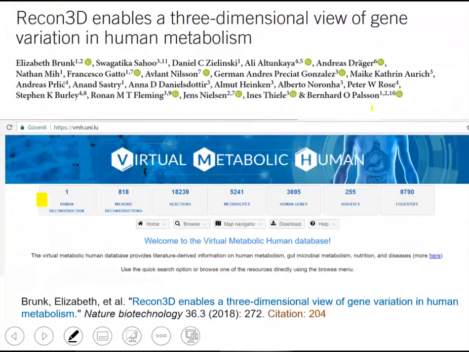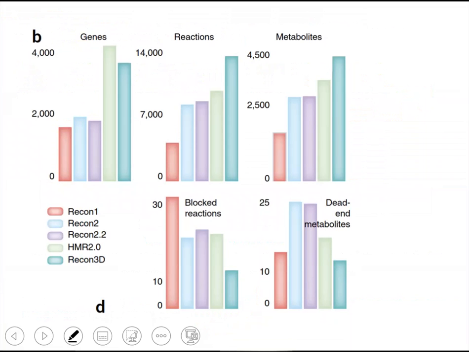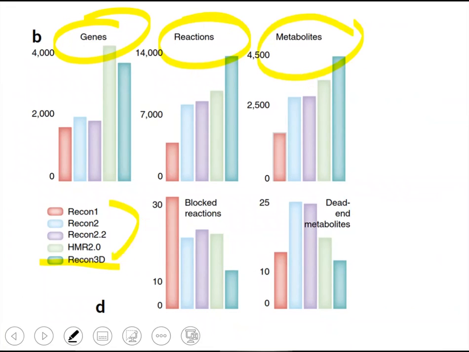Later again, Palsson's group published Recon 3D in 2018. And they also have a website, Virtual Metabolic Human, associated with Recon 3D. You can go and search the reactions. These are some statistics from Recon 3D in terms of number of genes, number of reactions, number of metabolites in comparison to other human genome-scale metabolic networks in literature.